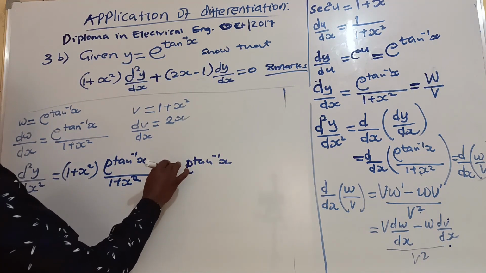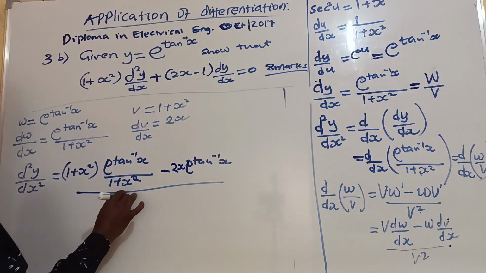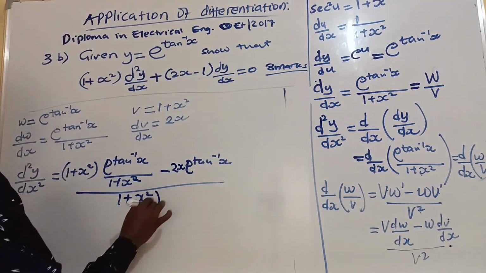What is dv/dx? 2x. That's why I left that space. All over 1 plus x squared, which is v, but v squared.